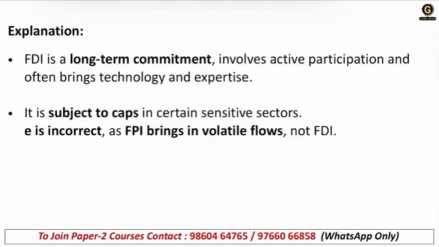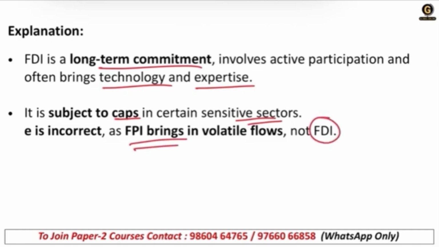See, FDI is a long-term commitment, so for that reason it brings technologies, expertise and skills as well. It is subject to caps in certain sensitive sectors. E is not correct. FPI brings the volatile flows, not FDI. Correct? So this is all about this question.